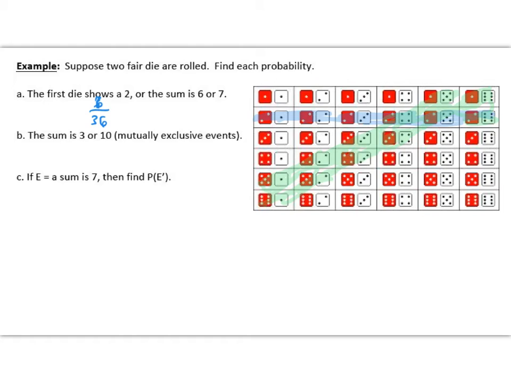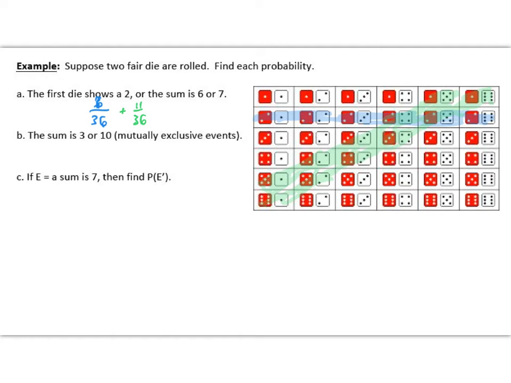Just not this one down here, because that one is an 8. So we need to come back and give that just a blue shading. And you will notice that as we count it up, there are 6 outcomes that have a 7 and 5 outcomes that have a 6. So that's going to be 11 out of 36.